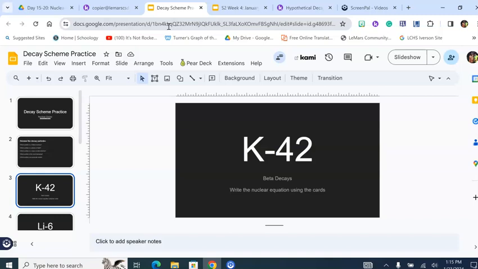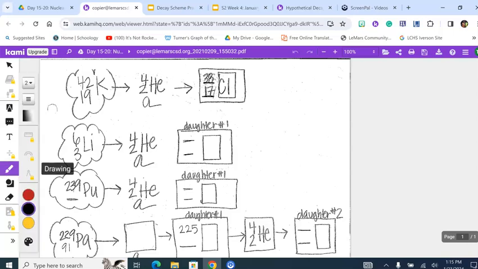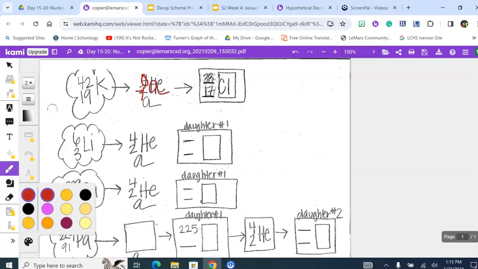So find your card, because what you should have in front of you would look like this: 0, 1, A. And then the math would be 42, 20, calcium.